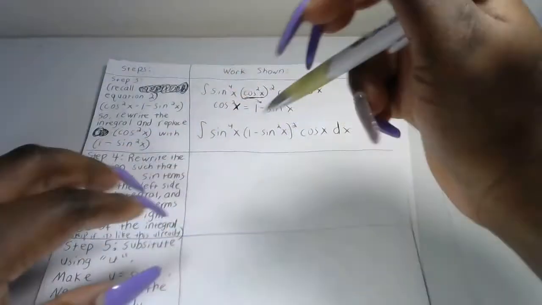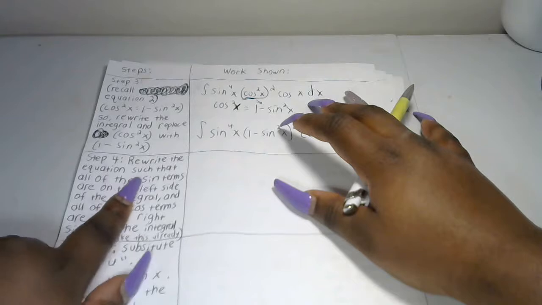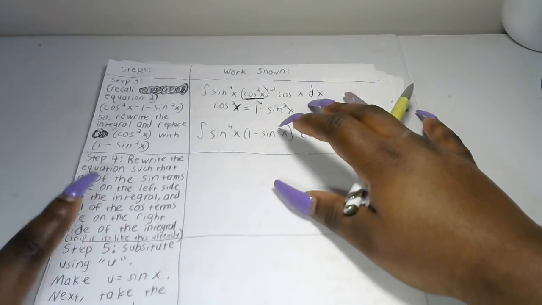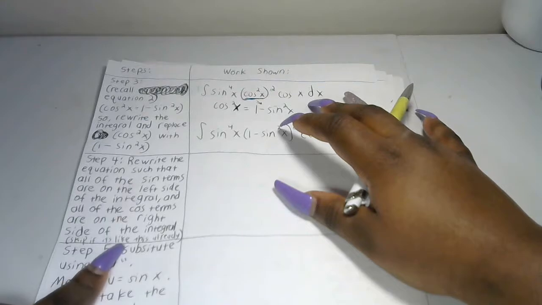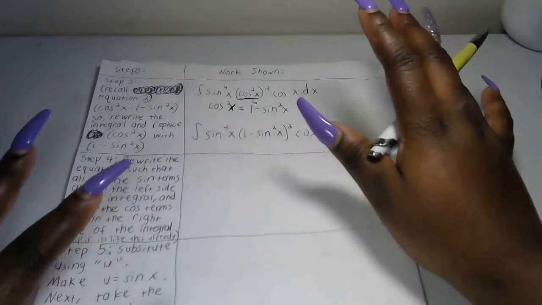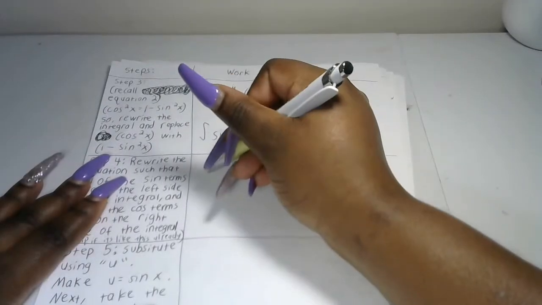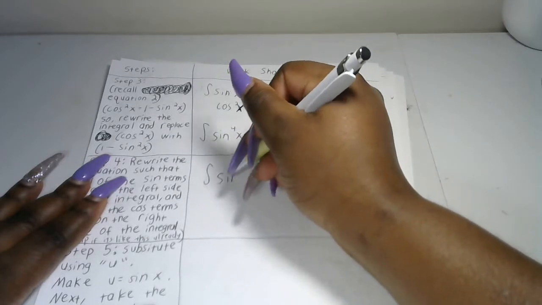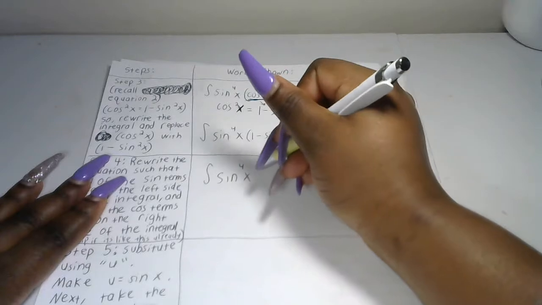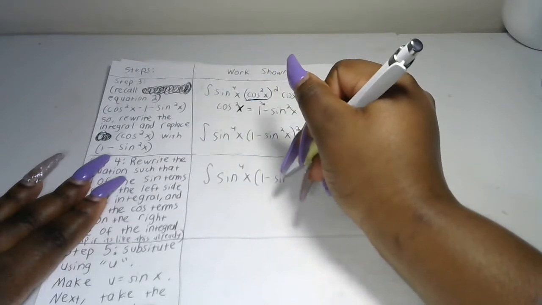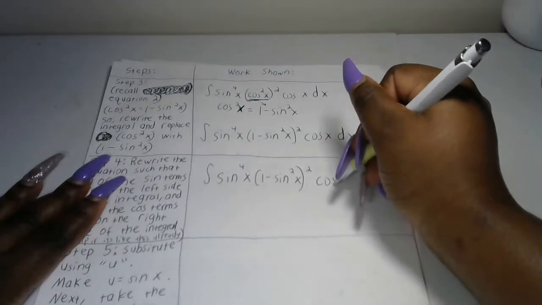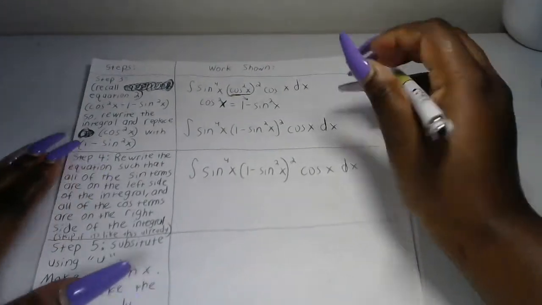For step 4, we're going to rewrite the equation such that all of the sine terms are on the left side of the integral and all the cosine terms are on the right side. We can skip this step if it's like this already. So let's take what we have from step 3, which is sine x to the 4th times 1 minus sine x squared, and all of that squared times cosine x dx.